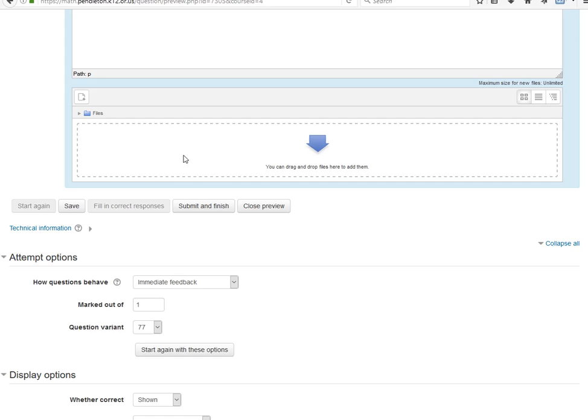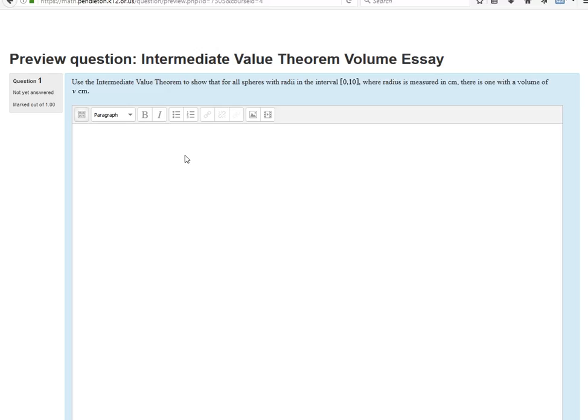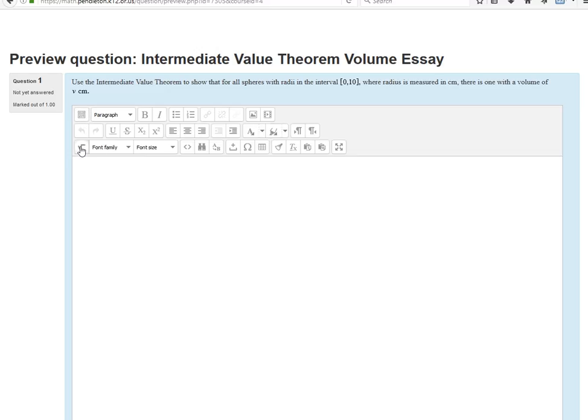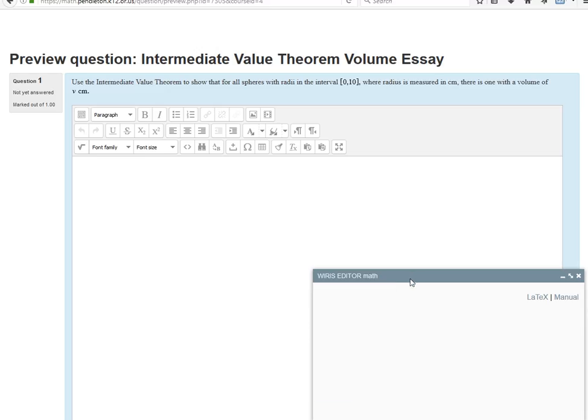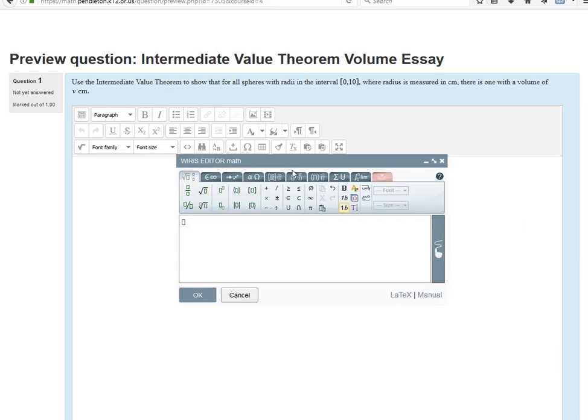Down here you can drag and drop stuff. If you open up this text editor, clicking on that gives you access to all the stuff you'd normally have in my Moodle questions. So this is a really robust editor. That gives you a lot of stuff to do.